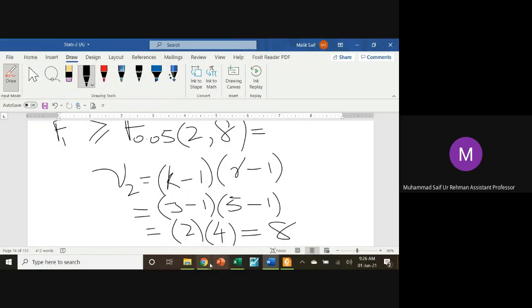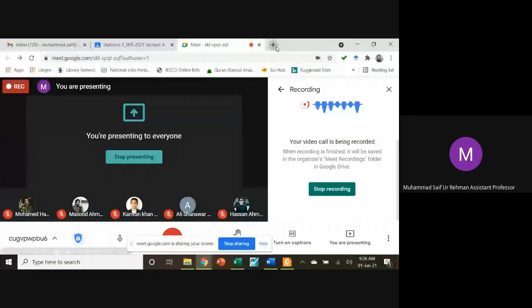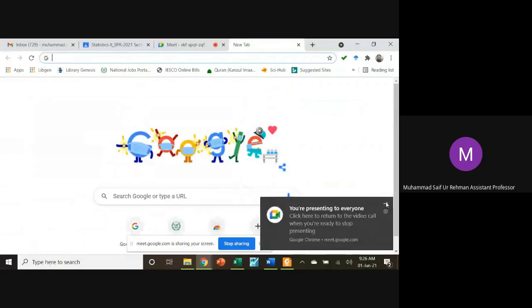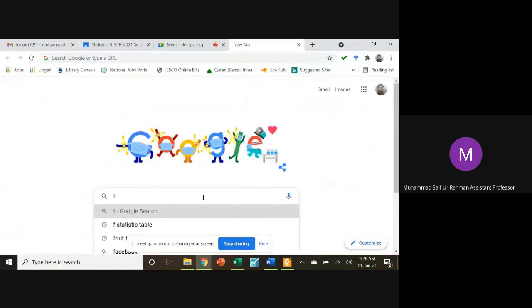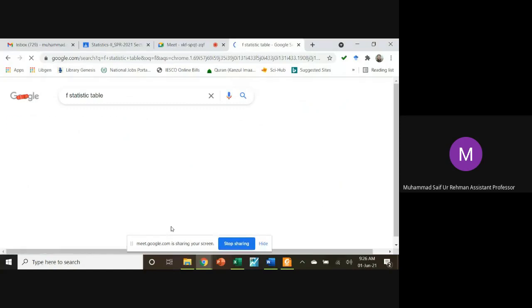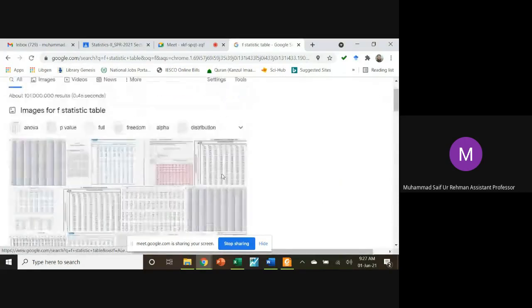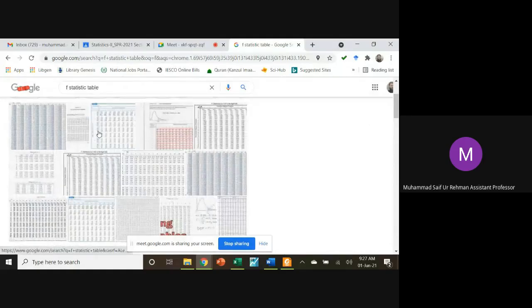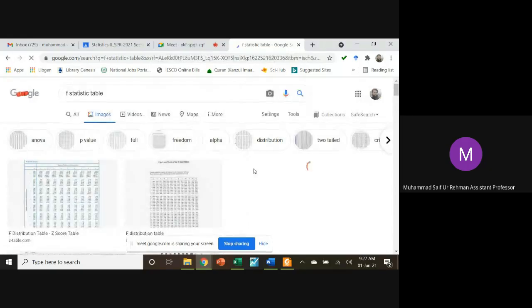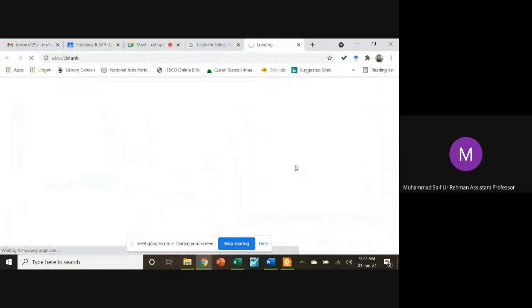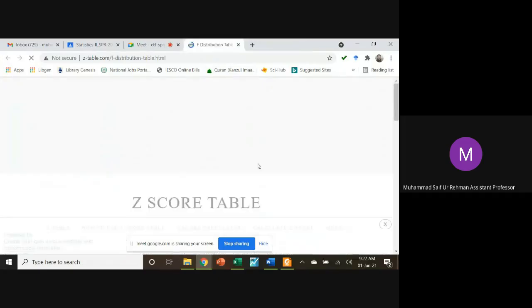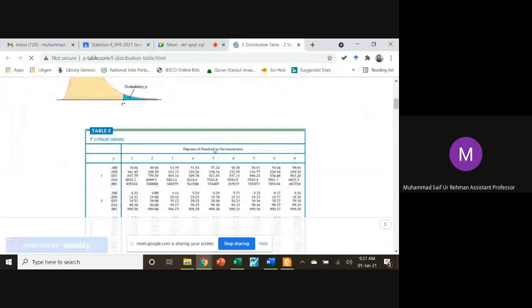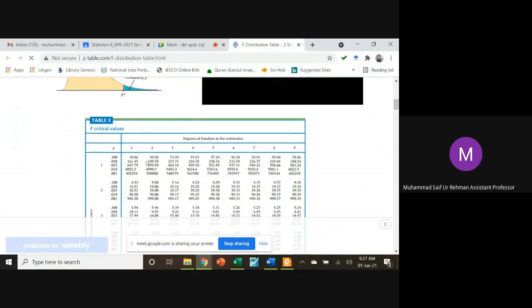So what will be the value? 2 and 8, so let us see. Degrees of freedom 1, 2, and it goes up to 7.